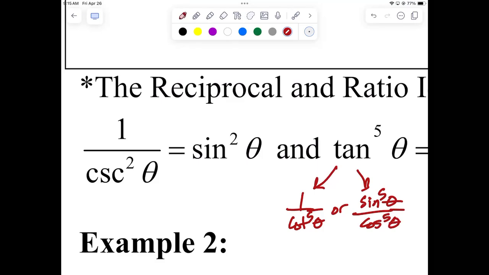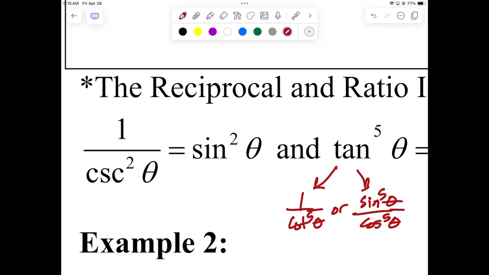How do you know which one to use? Well, it depends what you're trying to accomplish, right? It depends where you're trying to go. If you're not sure, you try them both out. But knowing that you have two options, and knowing one of them is in terms of sine and cosine and the other one's in terms of cotangent, allows you to correctly use the one that you want when you're moving from point A to point C by way of point B.